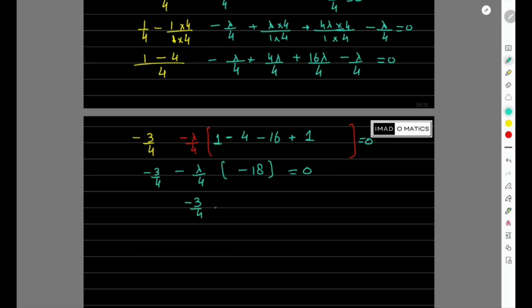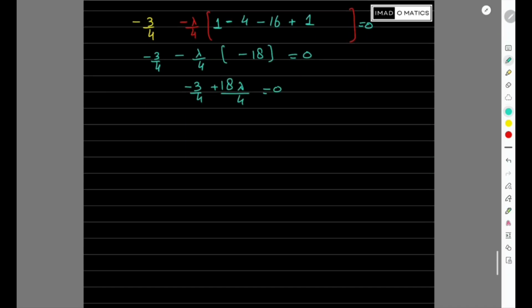Minus 3 by 4 and minus become plus 18 lambda by 4 is equal to 0. So we have common 4: minus 3 plus 18 lambda over 4 is equal to 0. Here the 4 is dividing, so when we take this 4 to the other side, it multiplies by 0 and becomes 0.